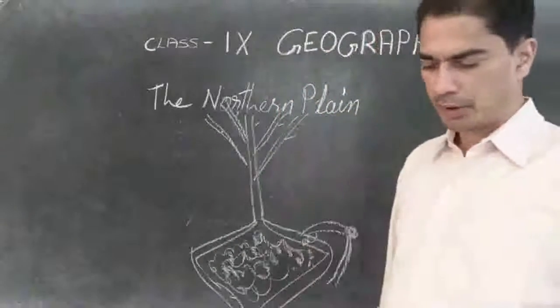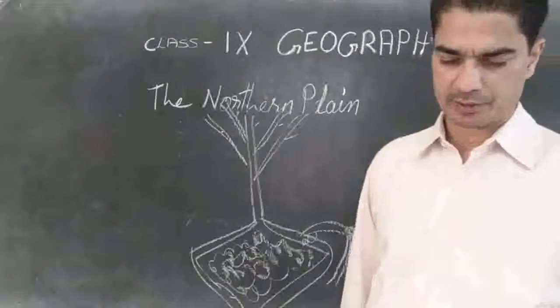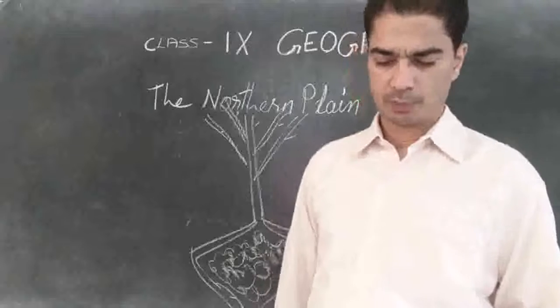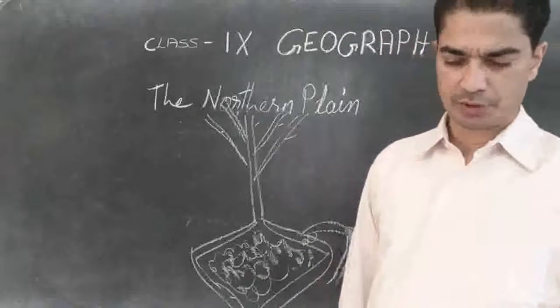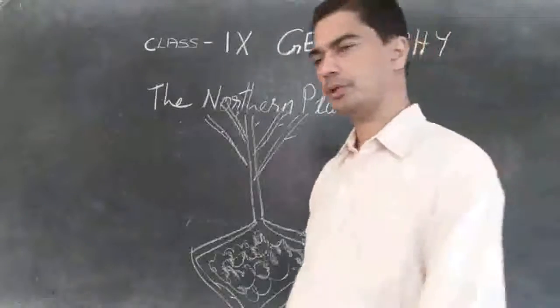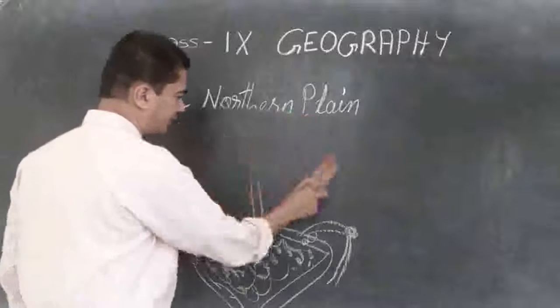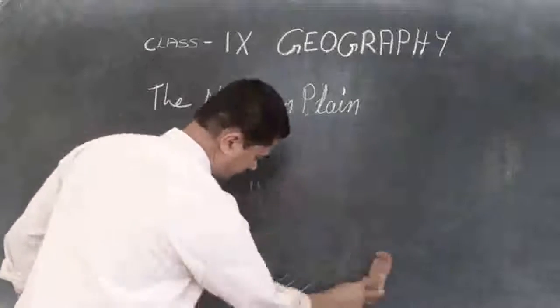Then the northern plain is broadly divided into three sections. The western part of the northern plain is referred to as the Punjab Plains. So this northern plain, we can say, is divided into three parts.